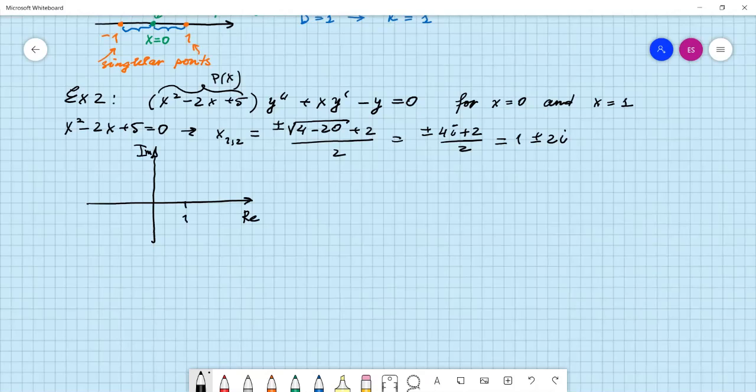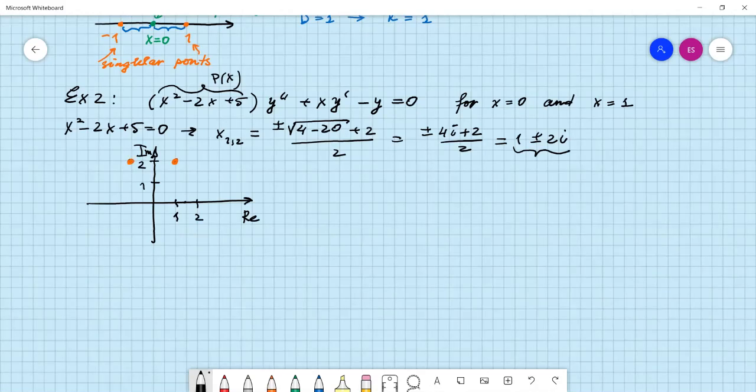For example, this is 1 and this is 2, this is 1, and this is 2. So my singularities are 1 unit on the real axis and 2 units on the imaginary. So what's my singular point here and here? The imaginary part is plus minus, right? I should make them red.